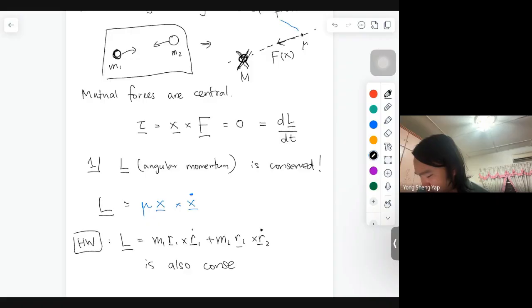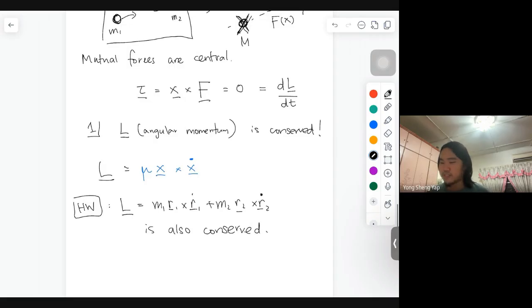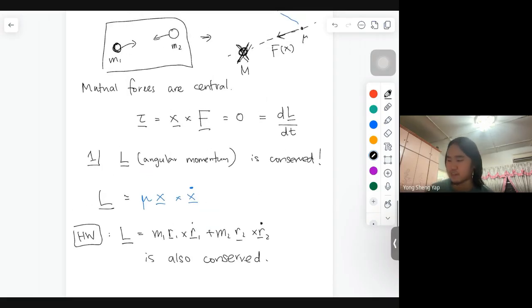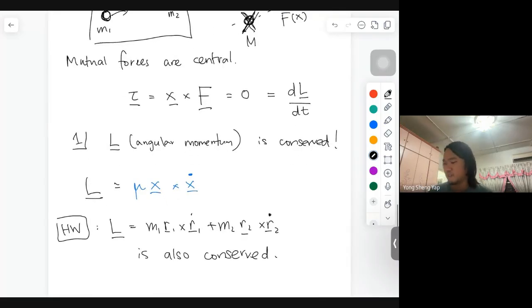I'm not going to do this here, but I hope you do it in your own time, to convince yourself that everything that happens in the second picture also translates to the first picture. If the angular momentum of the second picture is conserved, the angular momentum of the first picture is also conserved in terms of their own coordinate systems.